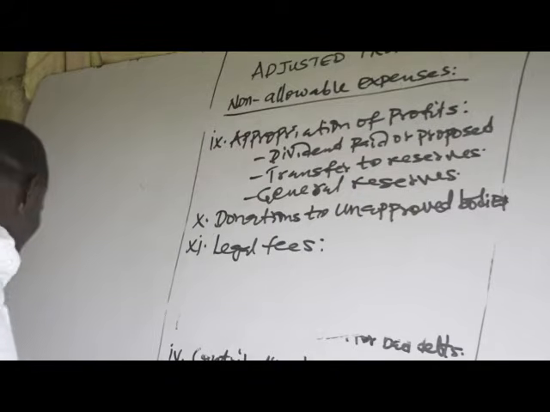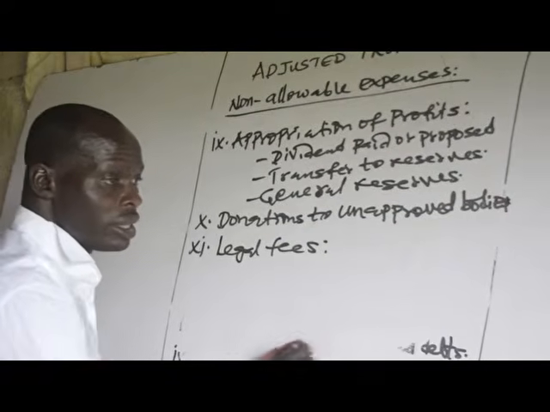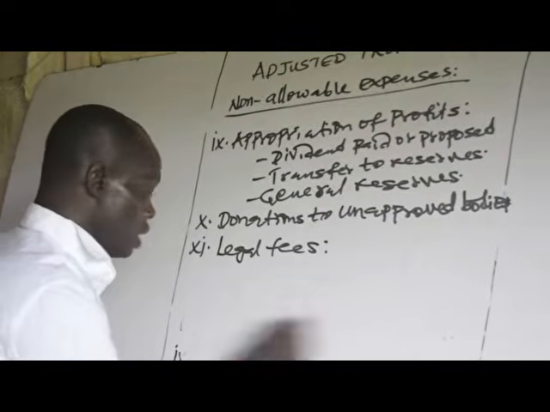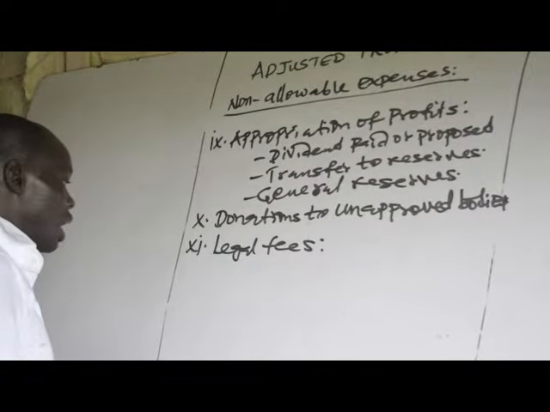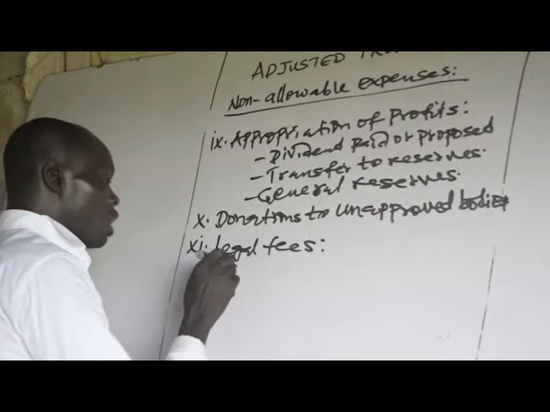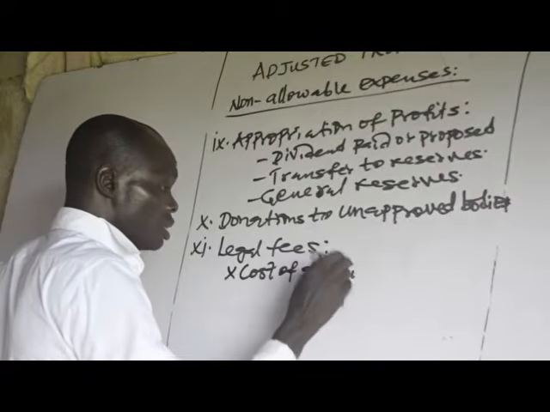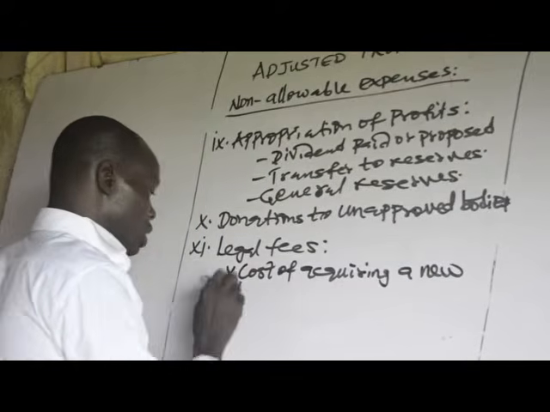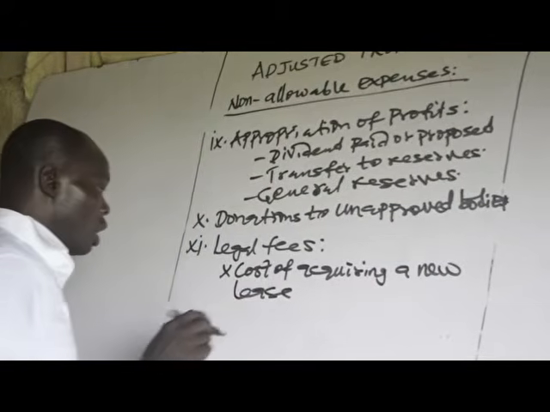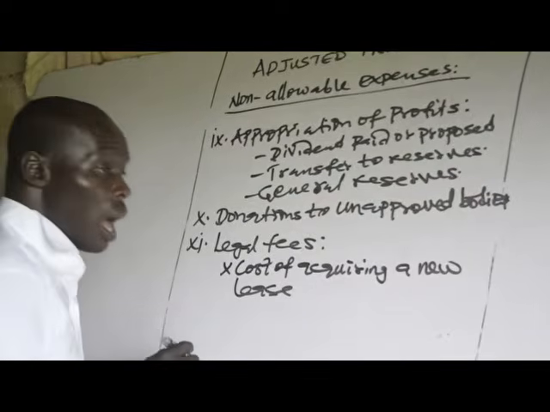Number 11, we have legal fees. Cost of acquiring a new lease. Legal fees are not allowable. Any cost of acquiring a new lease, that is legal costs incurred in acquiring a new lease, are not allowable.